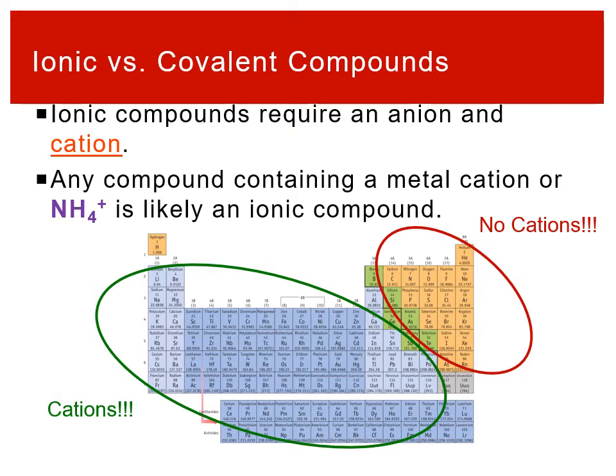Ammonium is a polyatomic cation. If our molecular formula starts with a metal, it's going to be ionic. If it starts with nitrogen, we would think, hey, that's a nonmetal. But if it's NH4 all together to start our compound, that makes it an ionic compound.